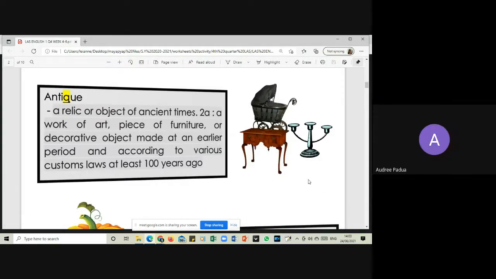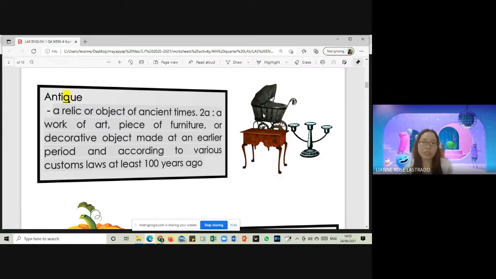A relic or object of ancient times, a work of art, piece of furniture, or decorative object made at an earlier period, and according to customs laws at least 100 years ago. All right, so antique. These are things like in this picture.